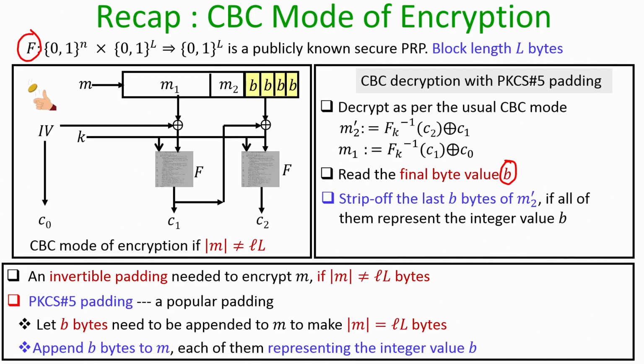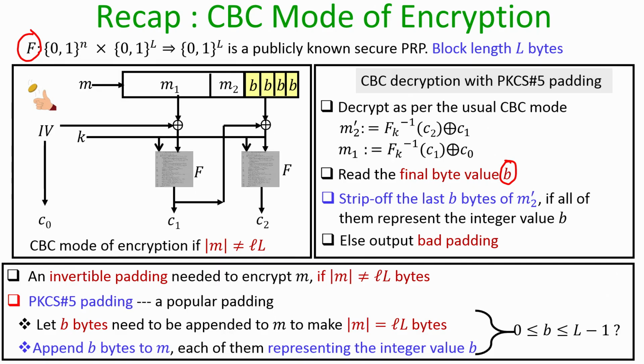If the answer is yes, then we simply remove those bytes, because we now know that they are the padded bytes, and take the remaining thing as the recovered plain text. Whereas, if any of the last B bytes does not represent the value B, then the decryption algorithm outputs bad padding.